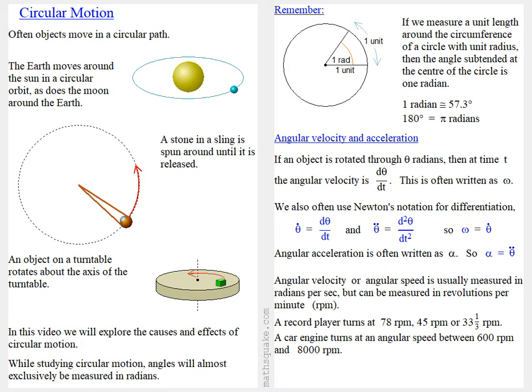A car engine turns at an angular speed between 600 revolutions per minute and 8,000 revolutions per minute. Now 1 revolution is 2 pi radians, so 1 revolution per minute is 2 pi divided by 60 radians per second.